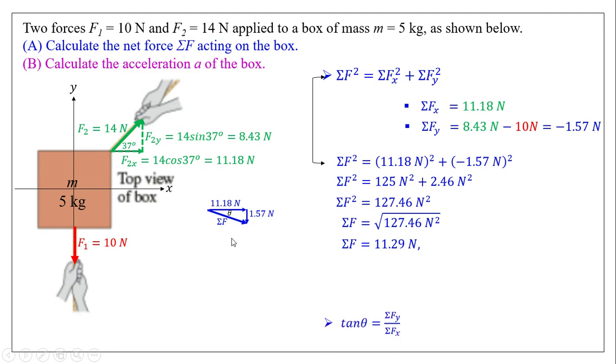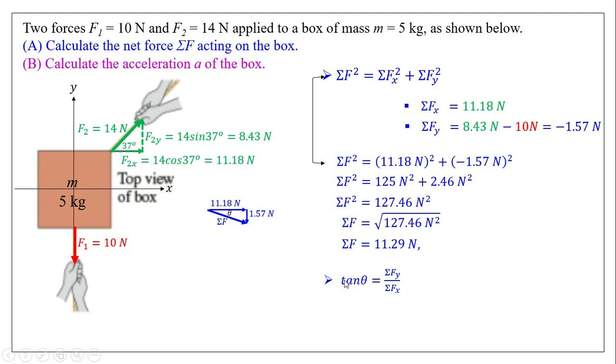So to find theta, I think the quickest way to do it for this one, not the only way, I just prefer tangent. Okay, so tangent of theta by definition is rise over run, y over x. So I have net force in the y direction, which is negative 1.57, and net force in the x direction, which is 11.18. So I can just plug it in.